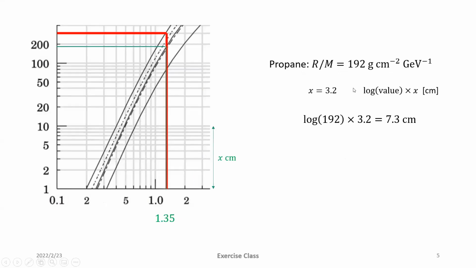Similarly, for propane, we have to figure out 192 on the y-axis, and I use the same method. I measure 7.3 cm from here. This is the horizontal line corresponding to 192. I draw a horizontal line from here to the carbon line, and I get the beta gamma to be 1.35.